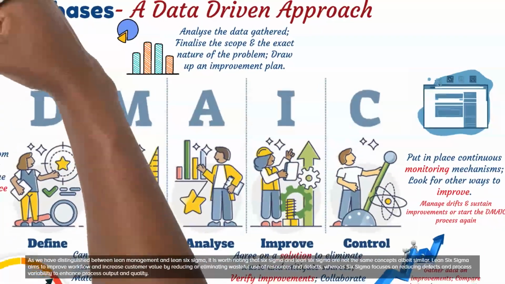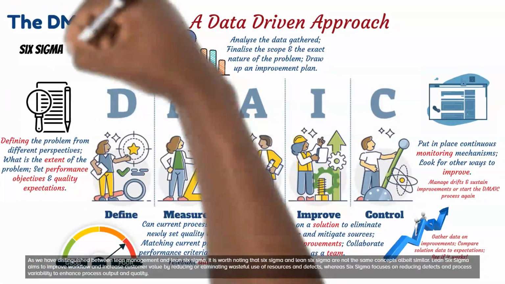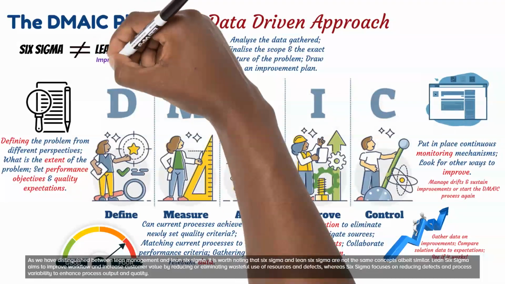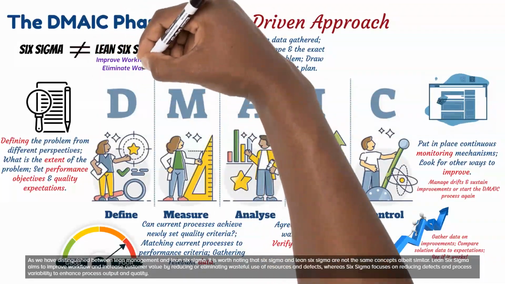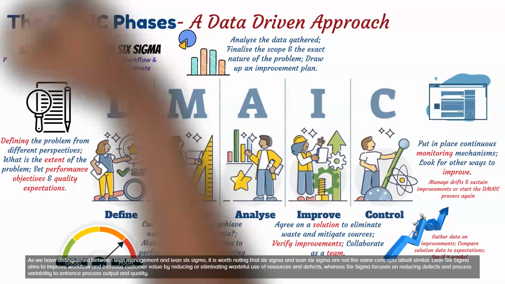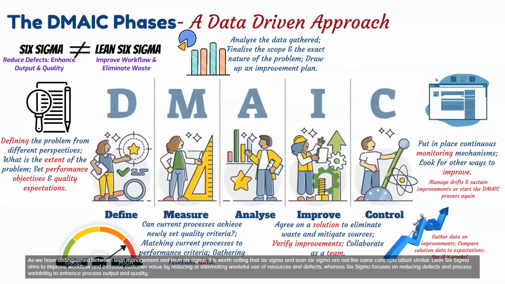As we have distinguished between Lean Management and Lean Six Sigma, it is worth noting that Six Sigma and Lean Six Sigma are not the same concepts, albeit similar. Lean Six Sigma aims to improve workflow and increase customer value by reducing or eliminating wasteful use of resources and defects, whereas Six Sigma focuses on reducing defects and process variability to enhance process output and quality.